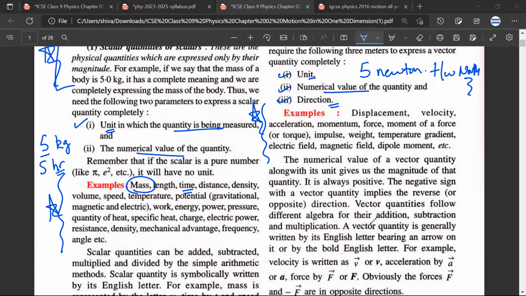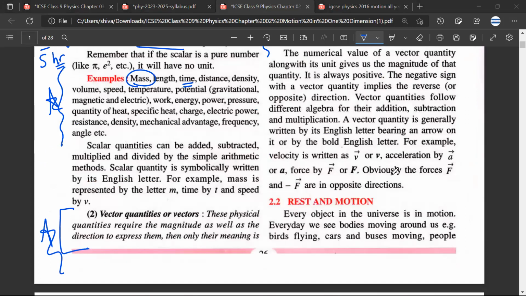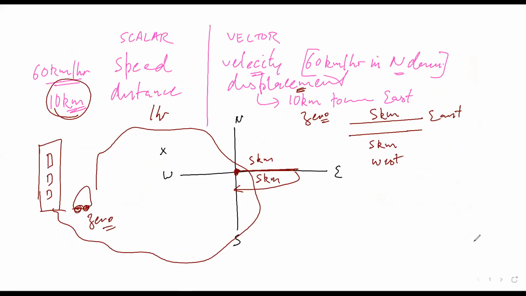So the point that I'm trying to make is that there will be a few quantities in physics where you might have a confusion. Then you need to check whether it is a scalar quantity or a vector quantity. These are the quantities that you will usually meet in the first few chapters of physics. For example, we discussed speed, velocity, distance, displacement. And another very common example that is taken is mass and weight.